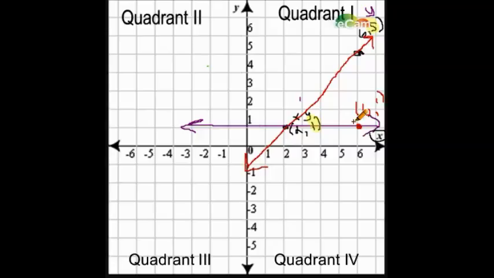And what if I told you I'd subtract them? So for my first point, I would do 5 take away 1, and I'd have that on the top. And then I would look at my x numbers, and I would subtract them. Remember, the first number in any ordered pair is the x. So I'm going to take 6, take away 2.